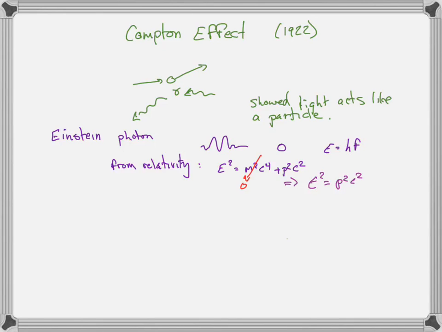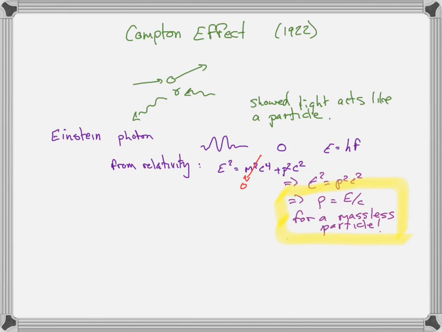Therefore, P equals E over C for a massless particle. This is important from now on. Einstein was able to say that a massless particle should have a momentum. If it's got an energy, it's got a momentum, and the momentum is simply E over C.